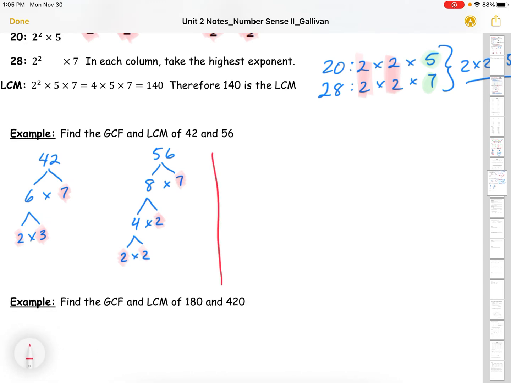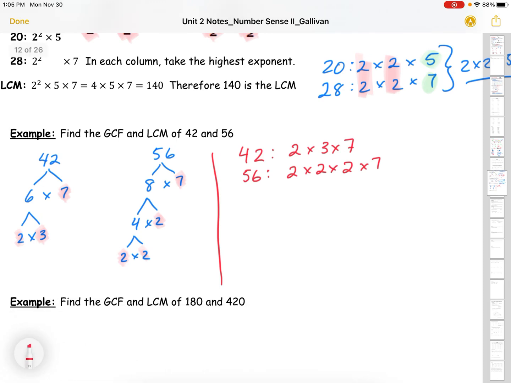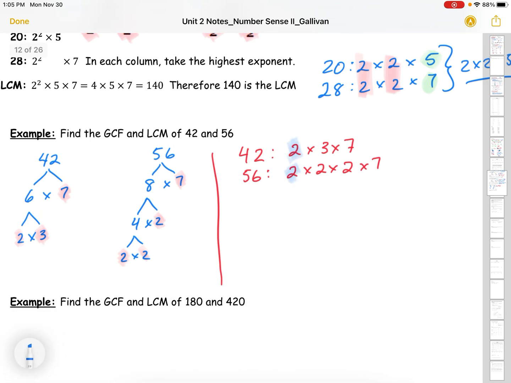Now, let's list them out on top of each other. 42 is 2 times 3 times 7. And 56 is 2 times 2 times 2 times 7. So, for our GCF, well, let's do some little accounting here. What's similar? 2 and 7.